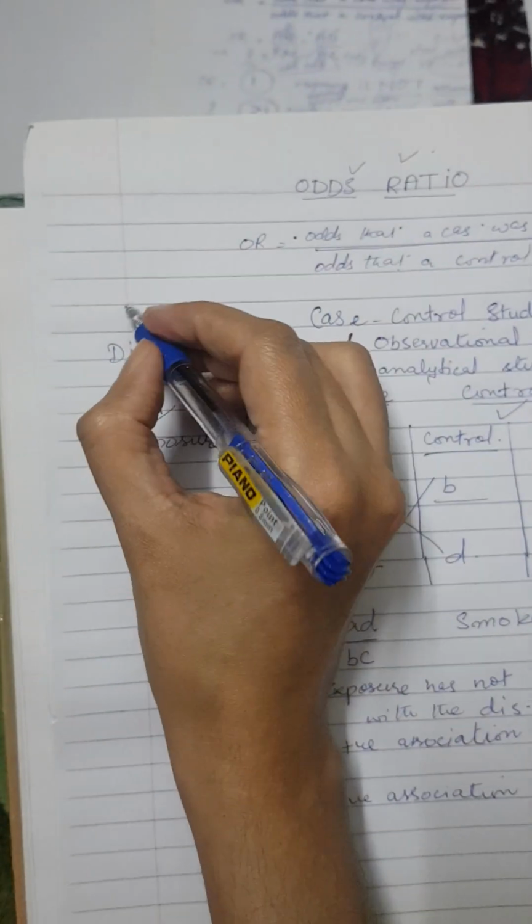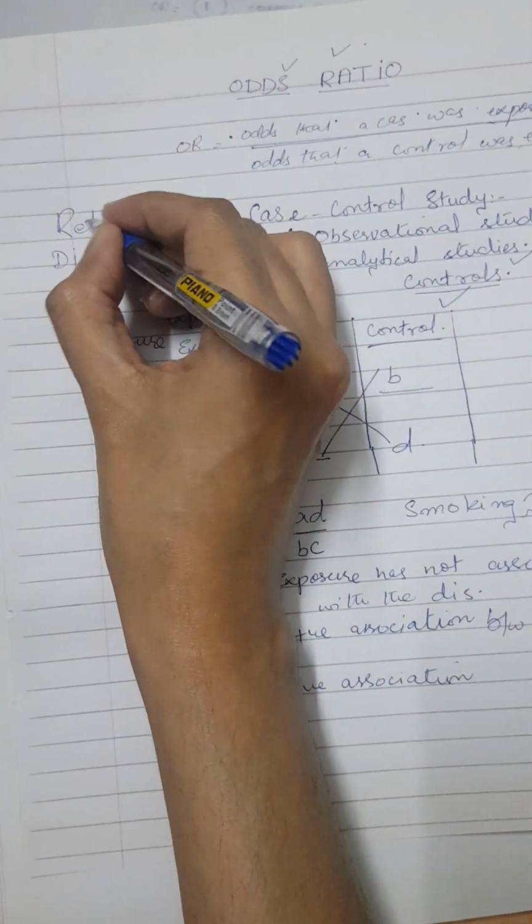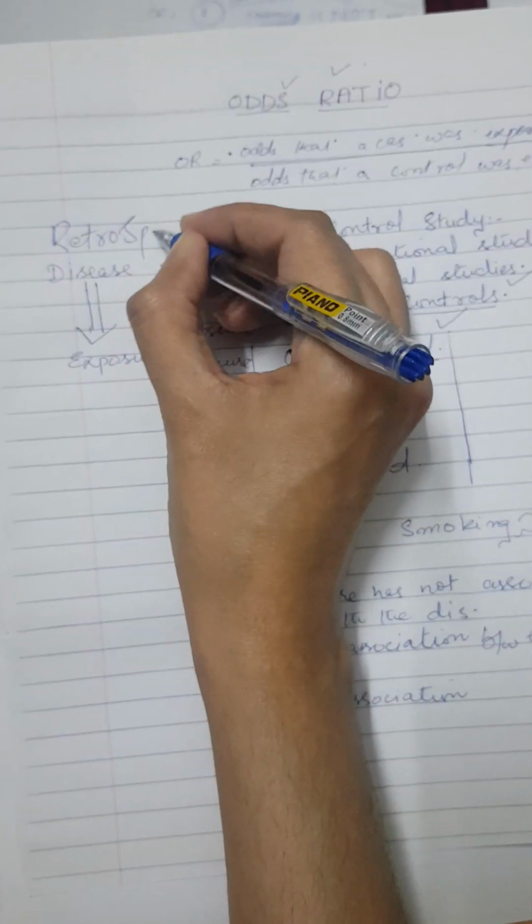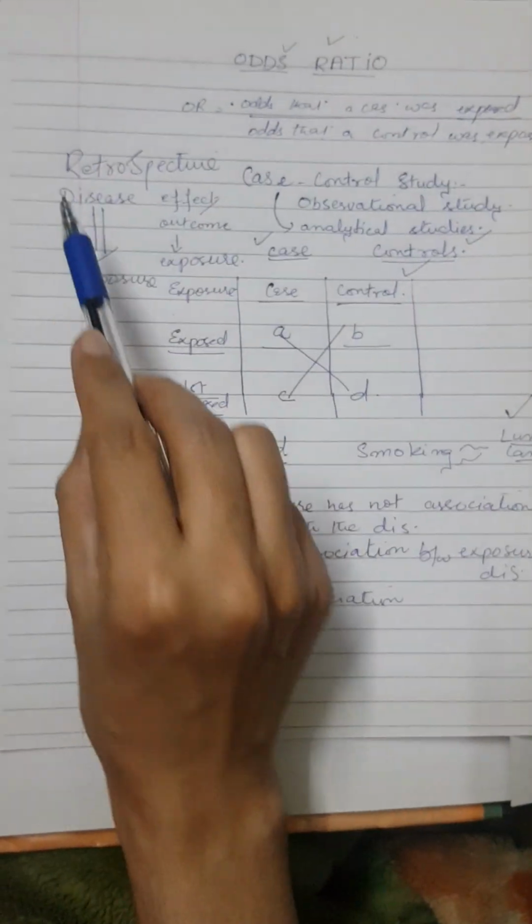Case control studies are retrospective. They are always retrospective. When we start a case control study, we start it from the disease.